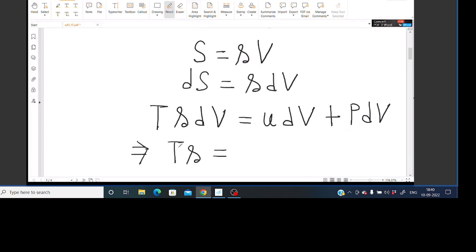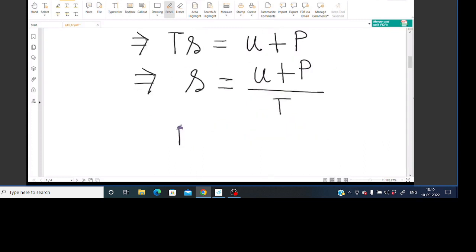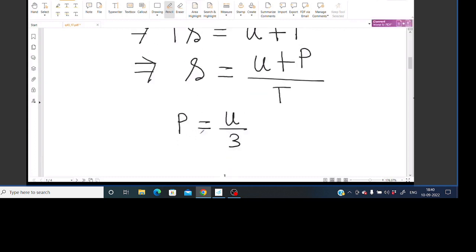This means T into small s equal to small u plus P. Thus, small s, or the entropy per unit volume, is equal to small u plus P by T. In this question, it has been given that P equal to small u by 3.